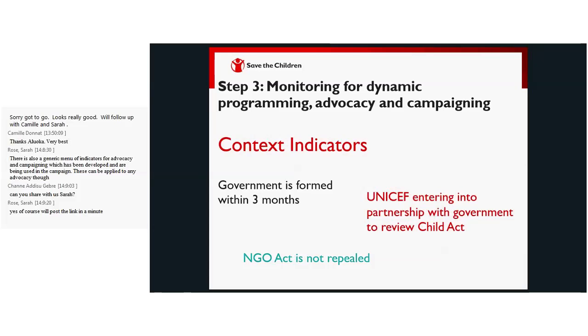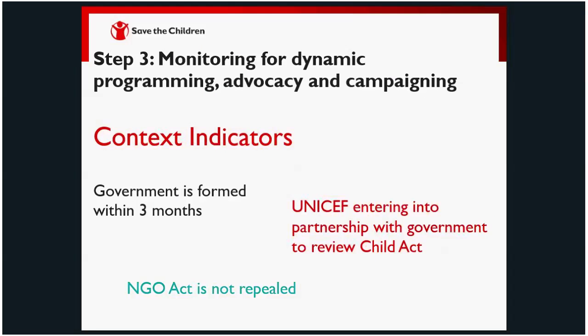This has implications for your program intervention and on your pathway of change. If the government is formed, then it probably means that you have to develop new relationships with new staff. You have to build the capacity of new government staff. So this will potentially positively or negatively affect your program. So you need to be aware of, and track, this external influence.